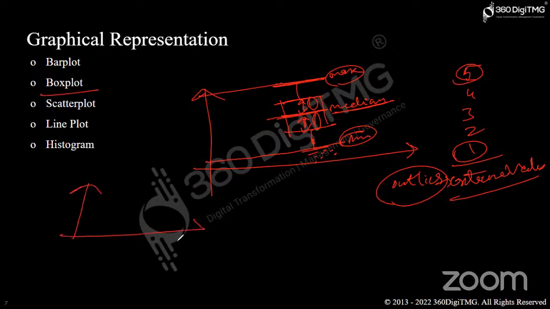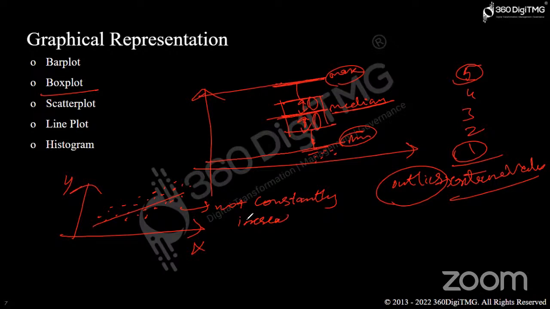And scatter plot will give you how the data is being distributed. Let's say, for example, you can see that these are the points. When I increase the value of x, y is also increasing, but not constantly increasing. So this is scatter plot.